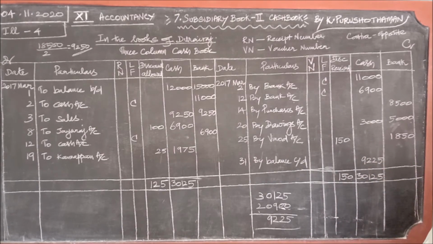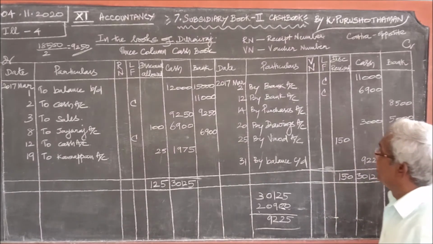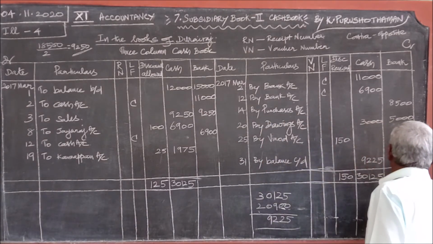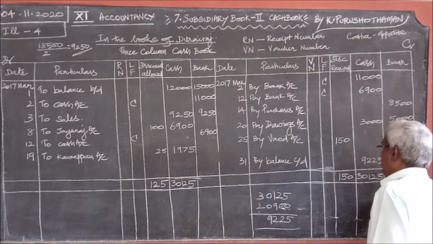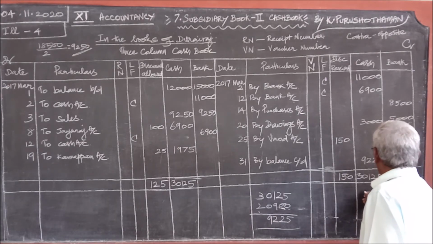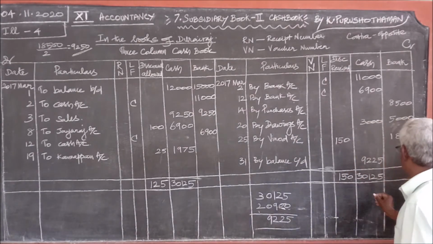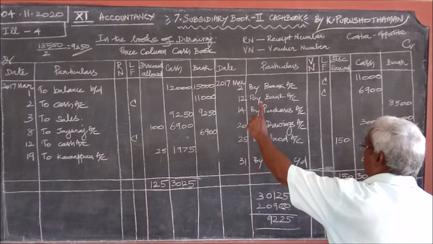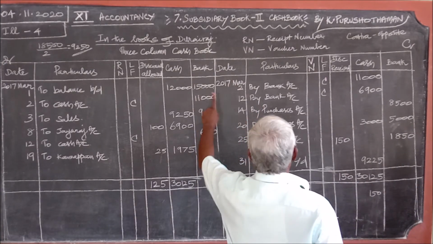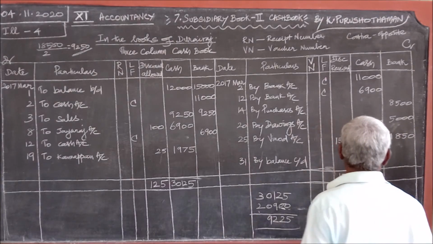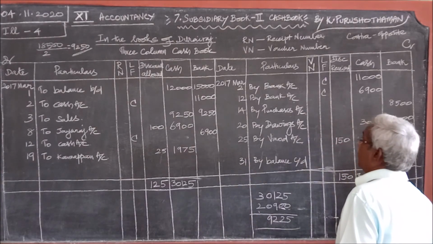Now we can go to the bank columns. What is the bank column total? In the bank column, the debit side total is 42,150.